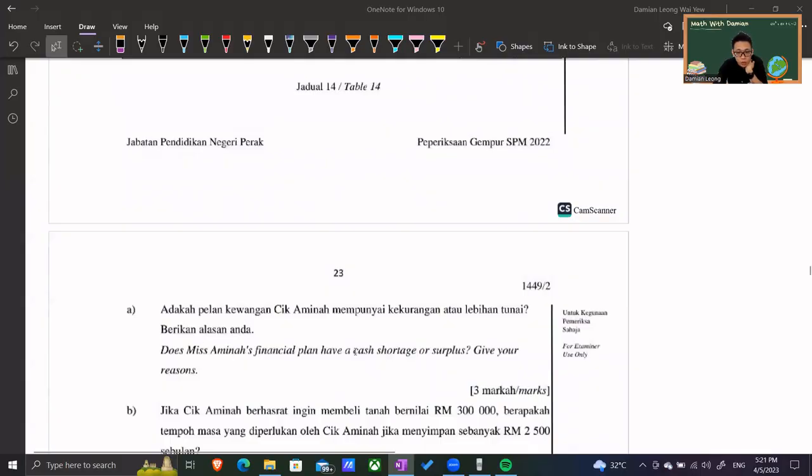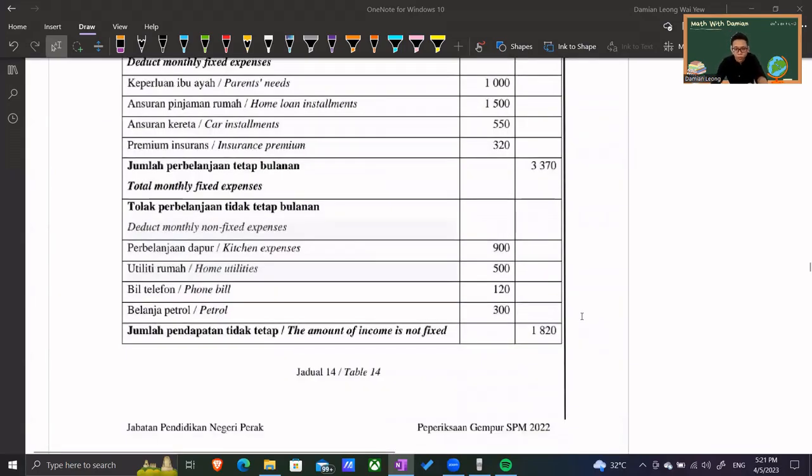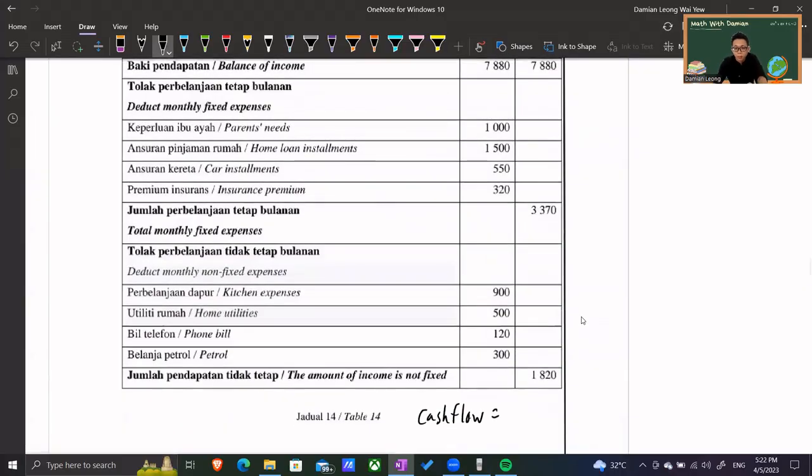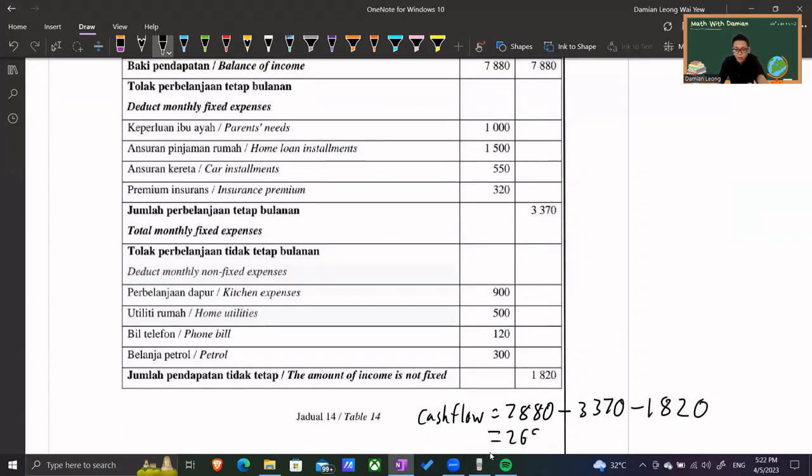So does Miss Amina's financial plan have cash shortage or surplus? Basically, I calculate the cash flow, which is taking the income balance 7880 minus the fixed expense minus the variable expense: 7880 minus 3370 minus 1820. Then I get 2,690.